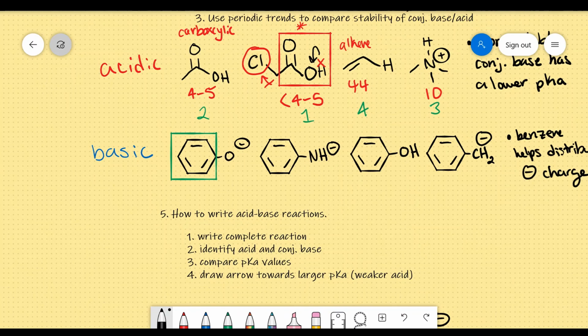So another thing I want you to notice is that 3 out of the 4 ions here are actually conjugate bases, right? The only one that's not is this guy over here. So this one is just an alcohol.